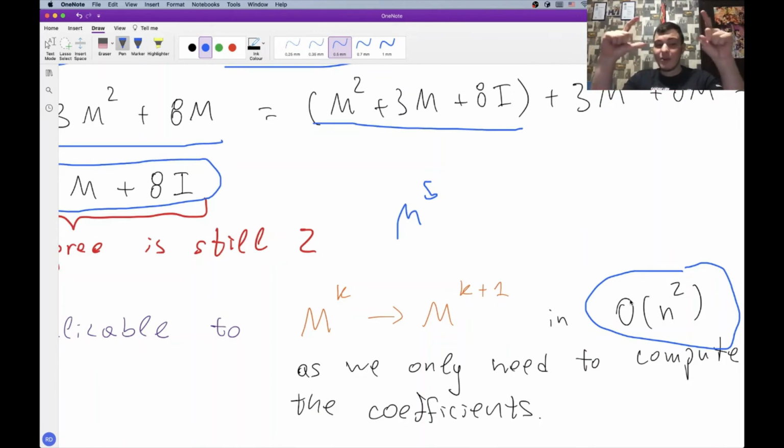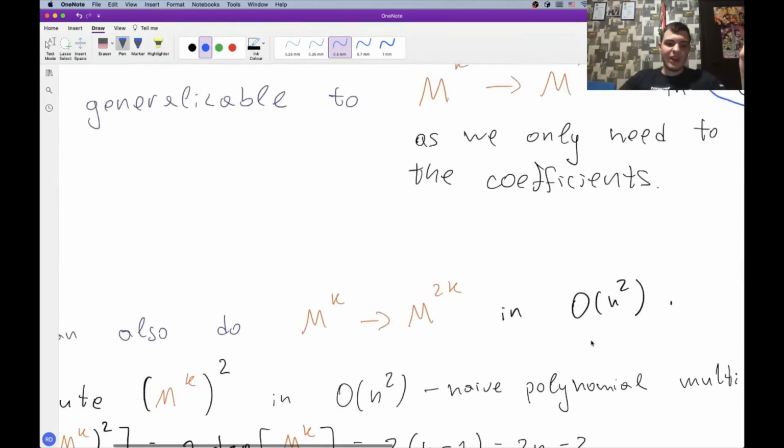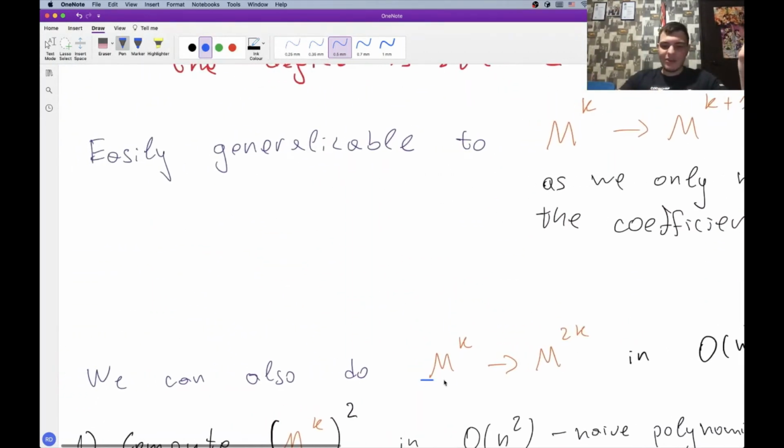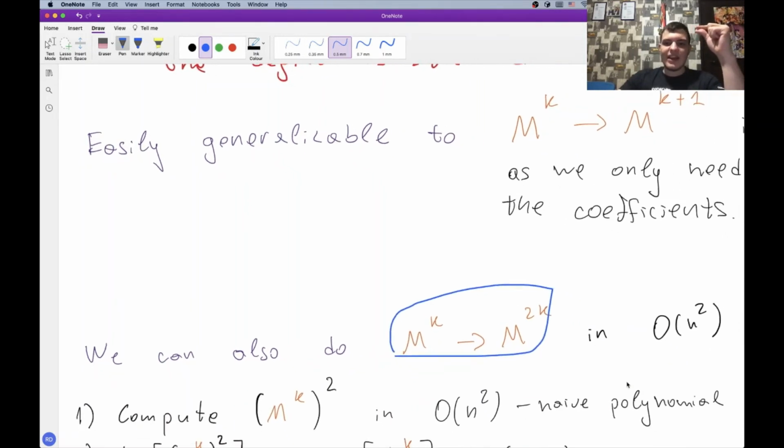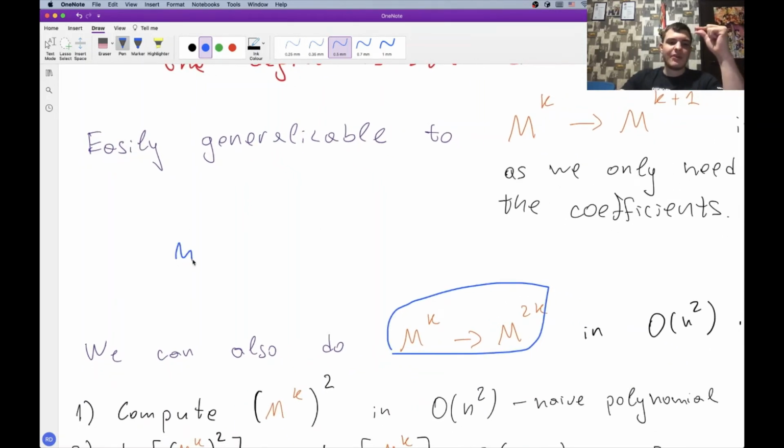So the trick here we want to use is in a way binary lifting, or trying to get from mk to m2k. In other words, if we find how to do the transition from mk to m2k, we can easily find m for some large power of n in logarithmic time depending on n.